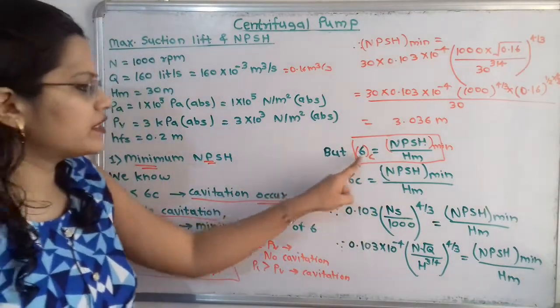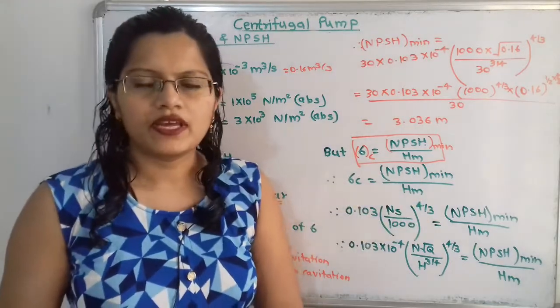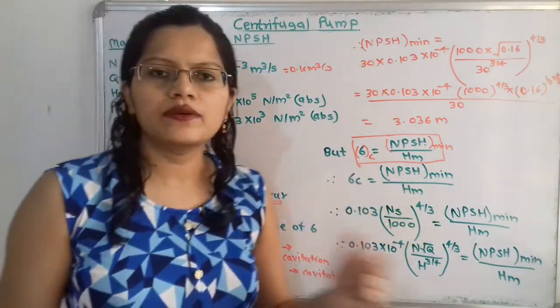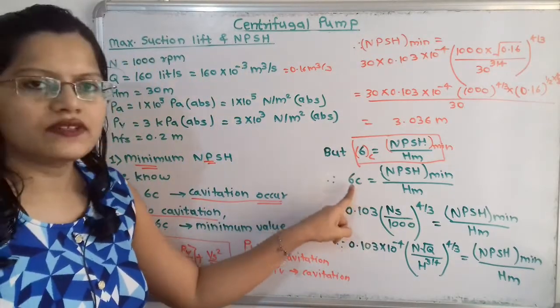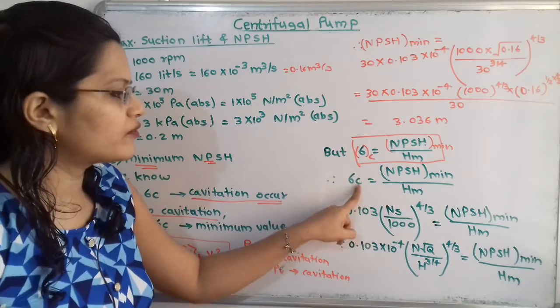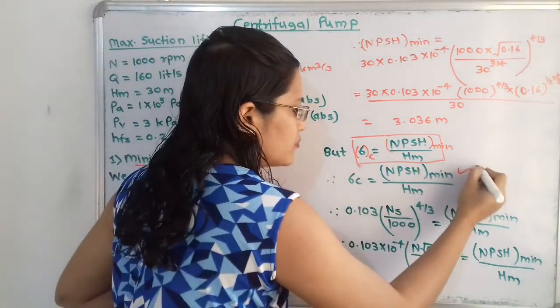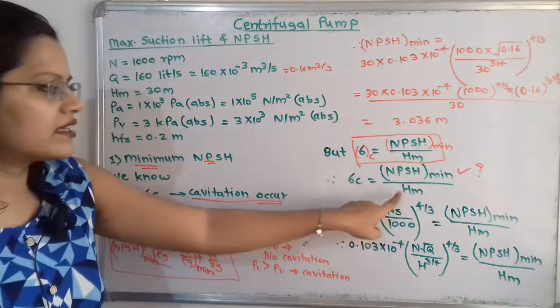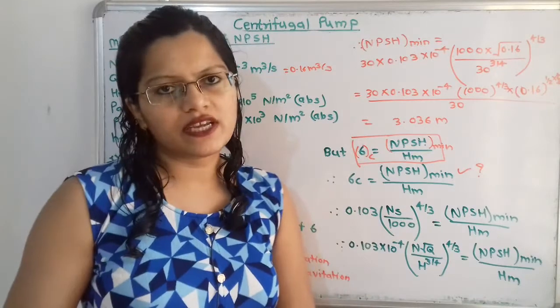So now I will put sigma c is equal to NPSH minimum by Hm. And now we have to follow the procedure. That means we have to use the formula for sigma c, then NPSH minimum, which we have to find out, and then Hm, which is given here. So how to calculate sigma c?